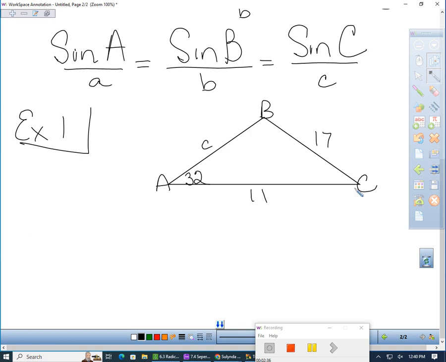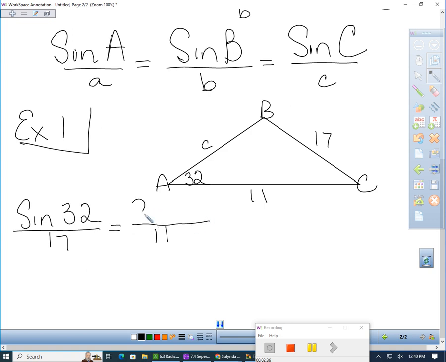The information we do have is the angle A and side a. So that's going to be our starting ratio. We're going to say we have the sine of 32 divided by 17 equals. Now the other piece of information we have is side b, which is 11.